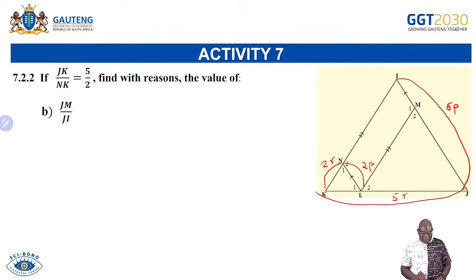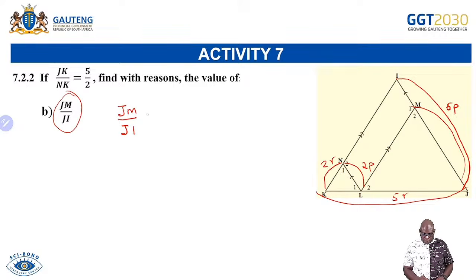Now we're looking for JM over JI. So first I'm going to write JM over JI, it's equal to JL over JK.